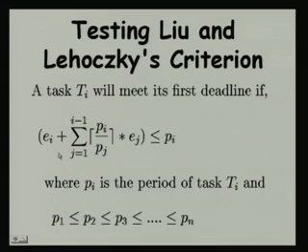Using that simple idea, the response time for the task Ti will be Ei plus the sum of the ceiling of Pi by Pj, multiplied by Ej, summed over all j equal to 1 to i minus 1.